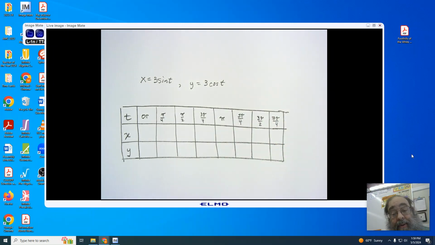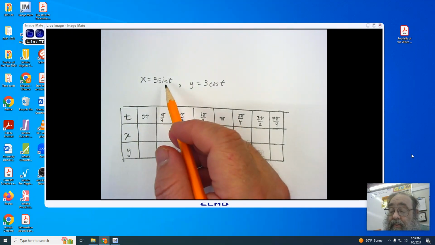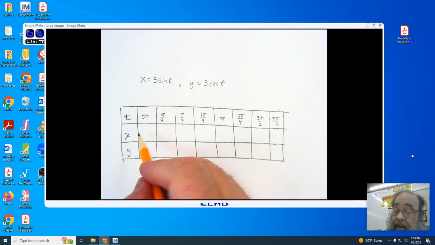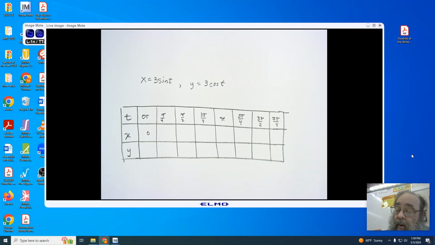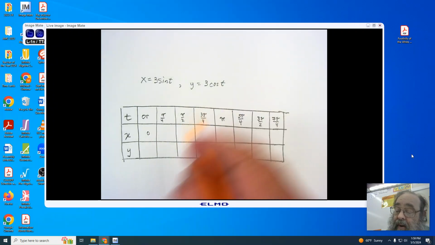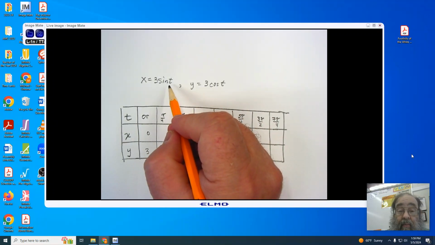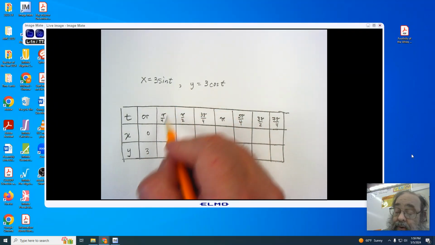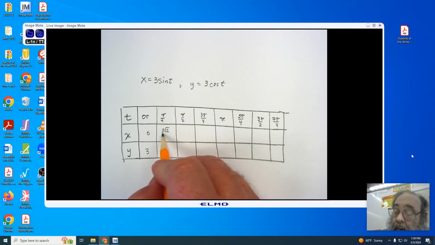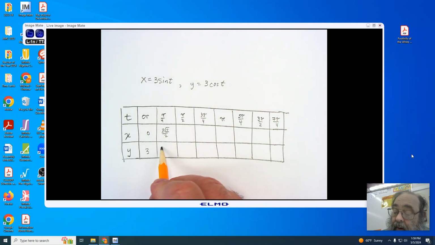All right, let's see what happens. I put in 0, sine of 0 is 0 times 3 is 0. But look over here, that's going to give me a 3. This is going to give me root 2 over 2, so 3 root 2 over 2, 3 root 2 over 2.